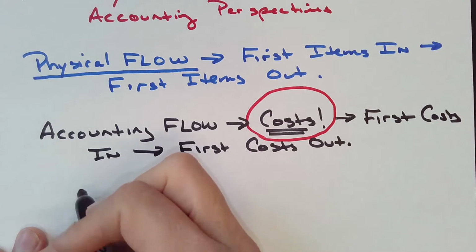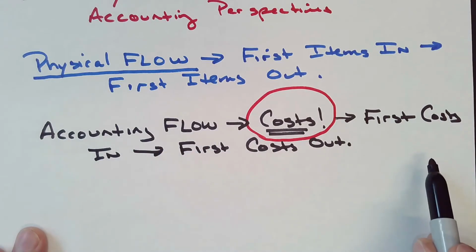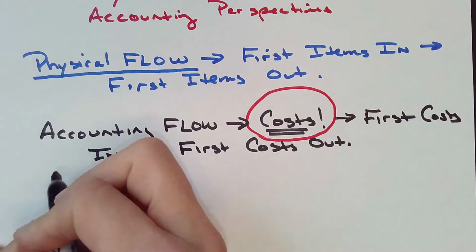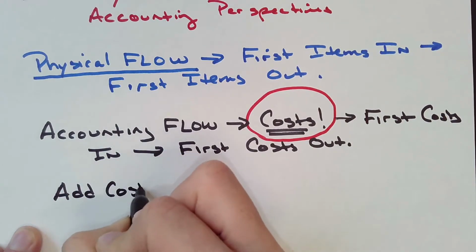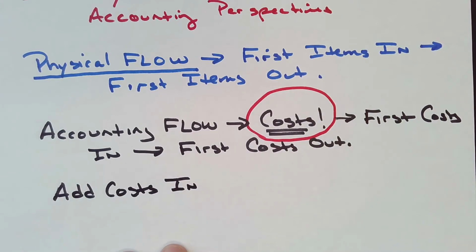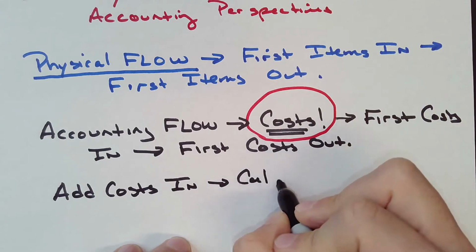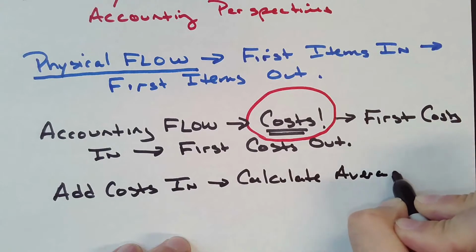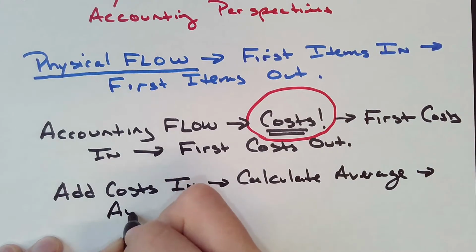the average costs. So if it's not the first cost in, then the first cost out, I'm going to add costs in, calculate the average, and then it's average costs out.